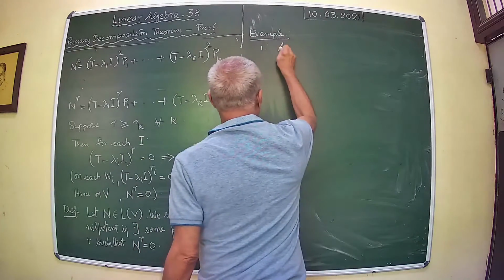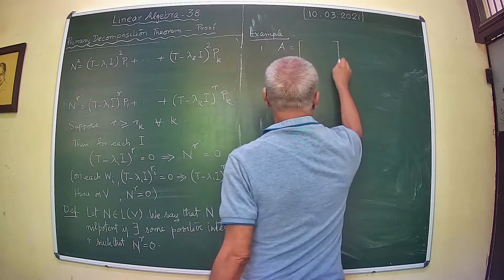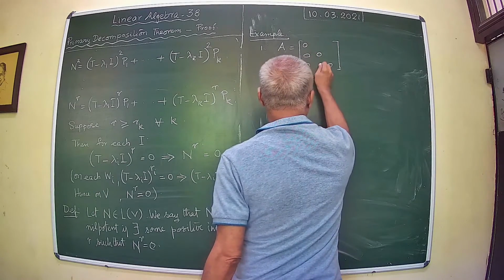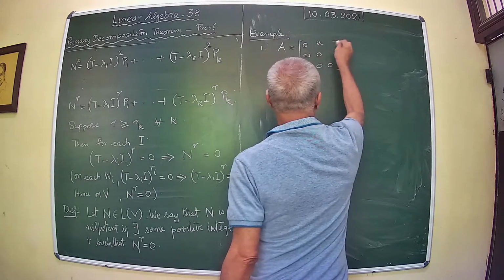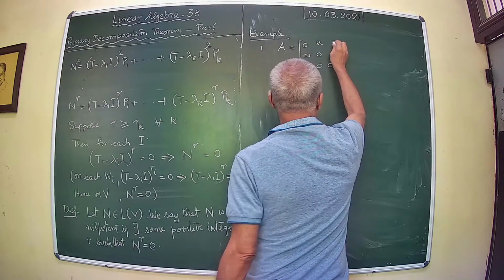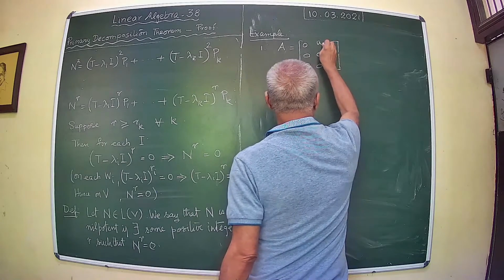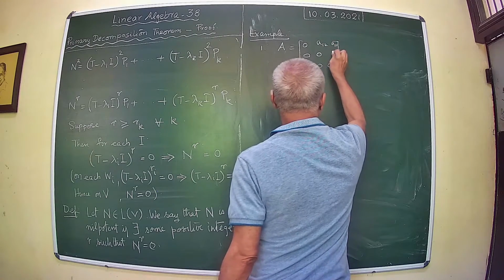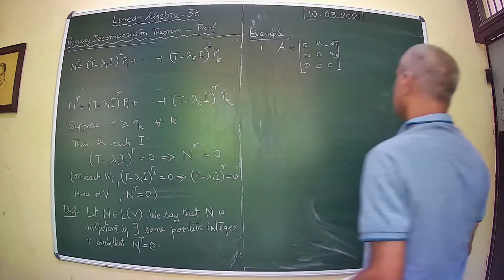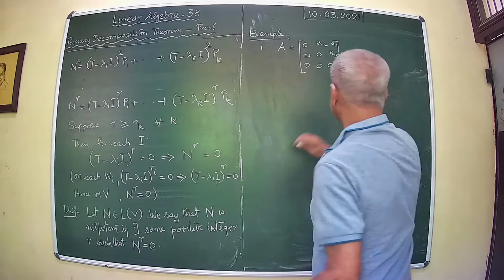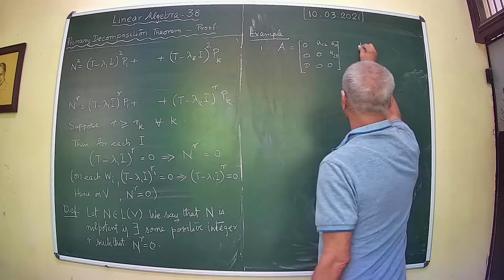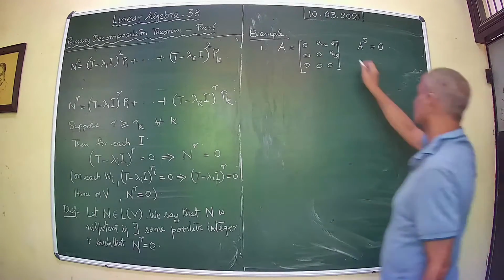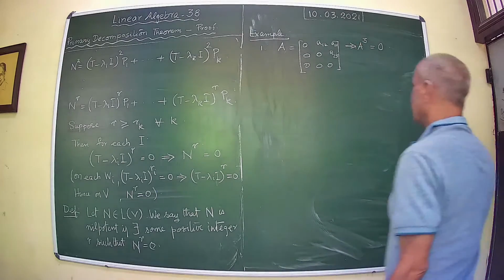Let A be equal to, one can easily show that A square, this is very simple to do.